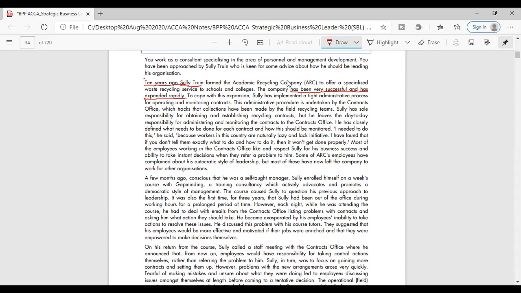Sully has sole responsibility. This is important. For obtaining and establishing recycling contracts, he has closely defined what needs to be done for each contract and how this should be monitored.